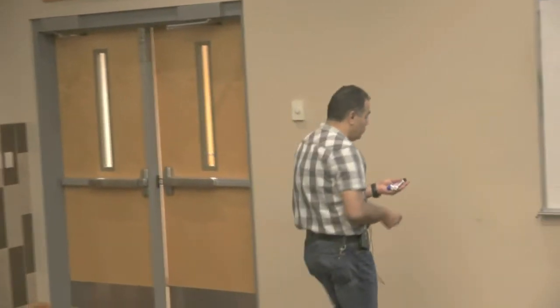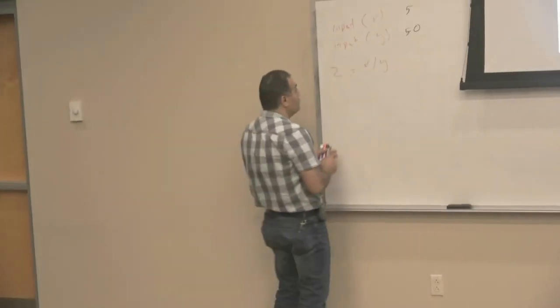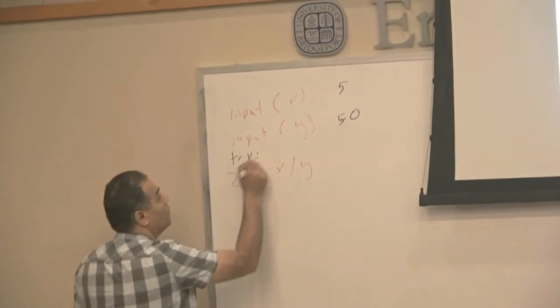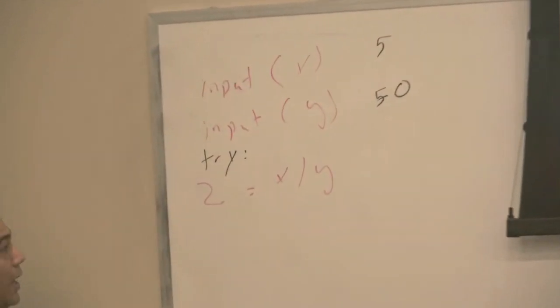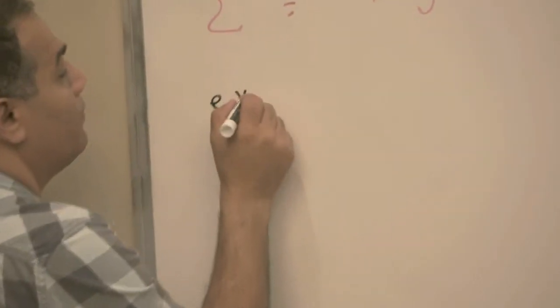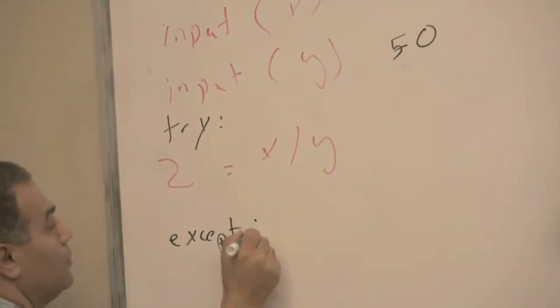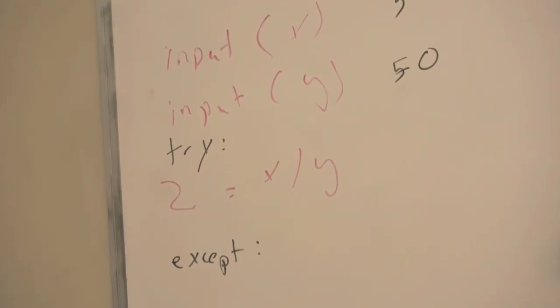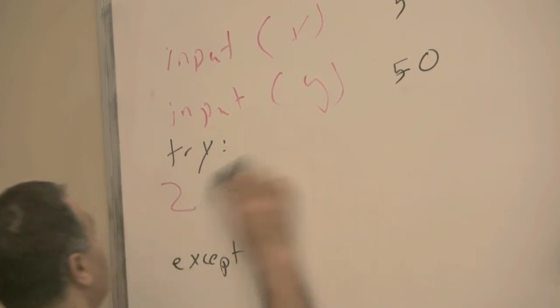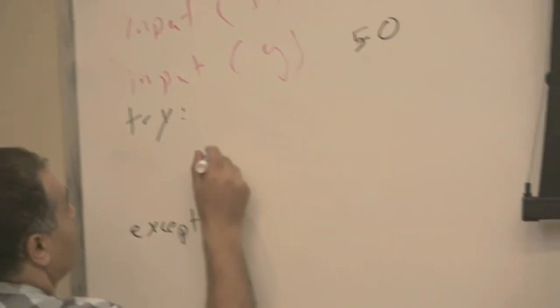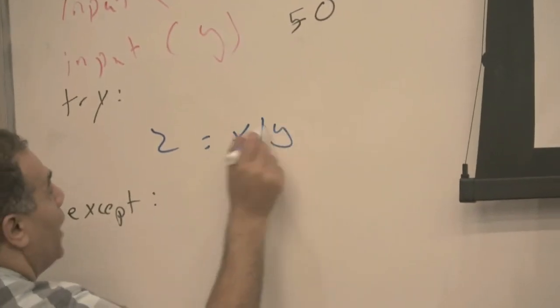So what you have to do is very simple. You put it inside a try. So you say try, and then you have except. So you'll put this inside the try. Of course, you have to indent. So you say try z equals x divided by y.